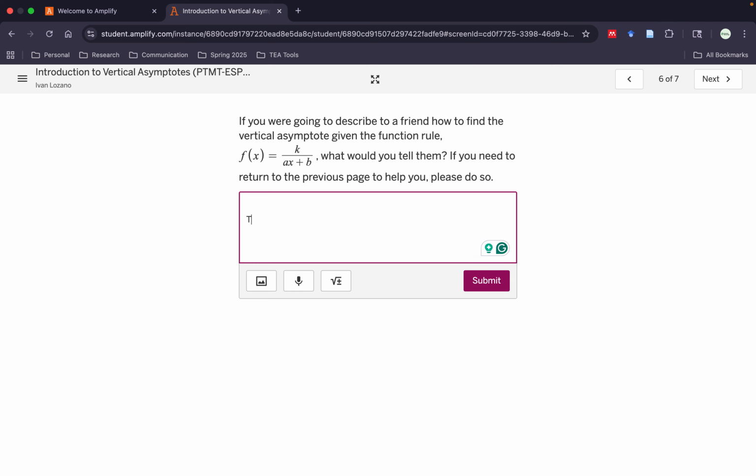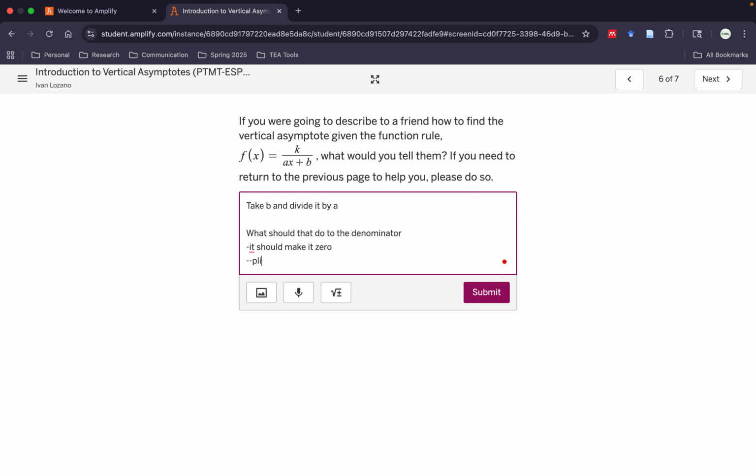Some kids aren't careful with negatives, and they'll say take B and divide it by A. For these students, you'll have to go back to, what should that do to the denominator? It should make it 0.